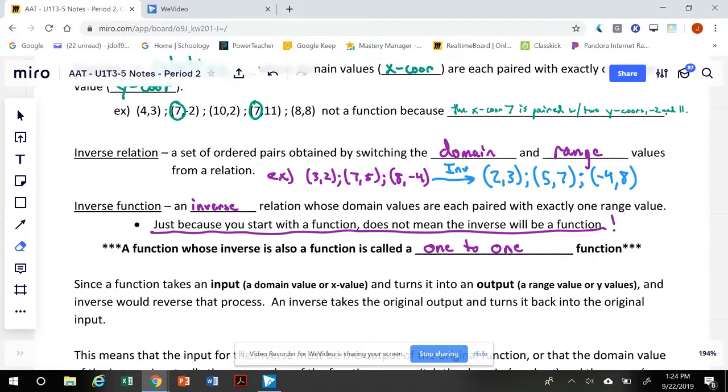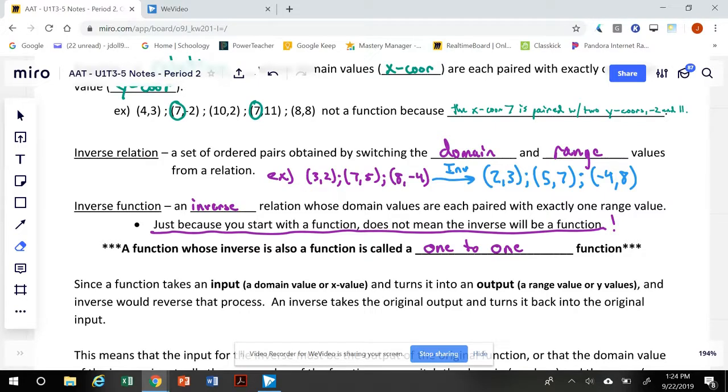Now, an inverse function is an inverse relation which is also a function. Here's the catch: just because you start with something that is a function does not mean it will end up being a function. So it's a very special situation when you have a relation which is a function whose inverse is also a function. That's like the most highly trained Navy SEAL, right?